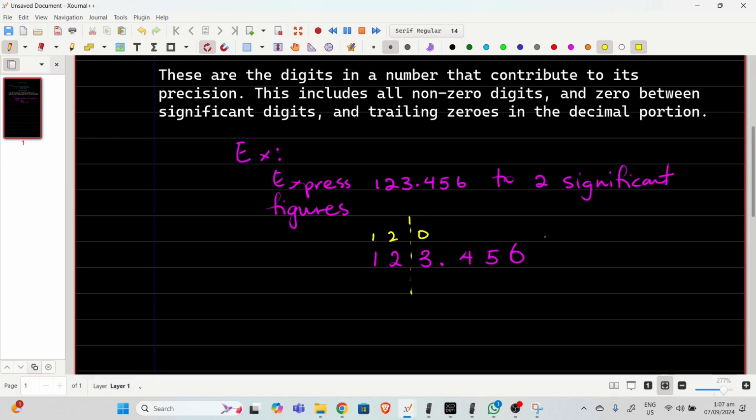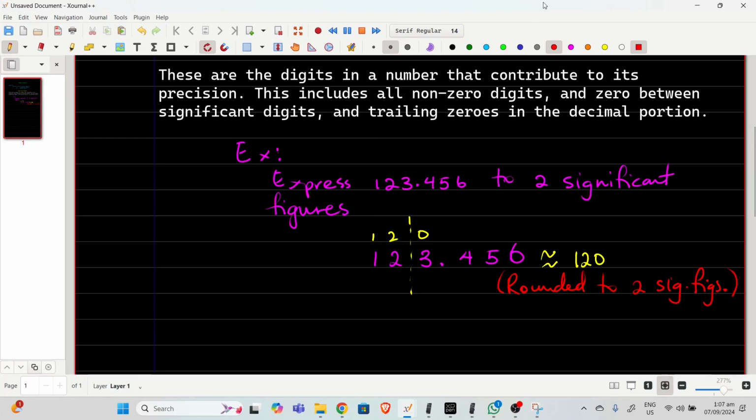So the answer is approximately 120, and that's rounded to 2 sig figs.